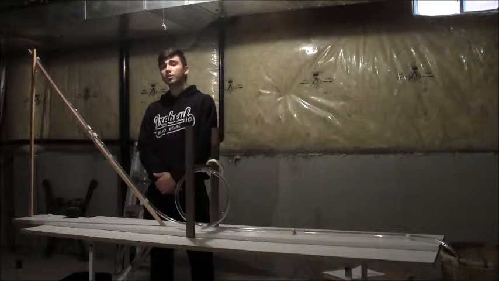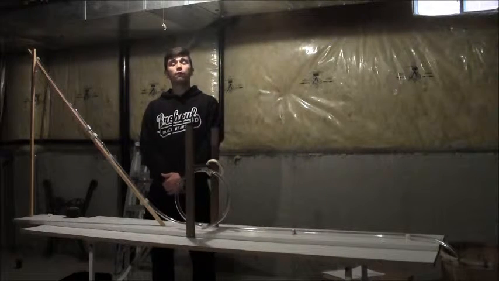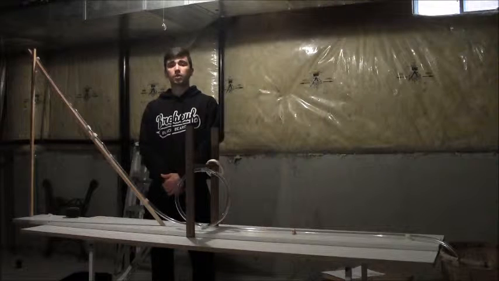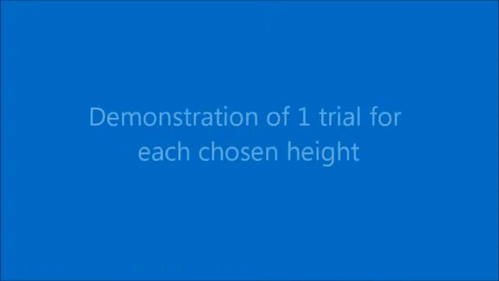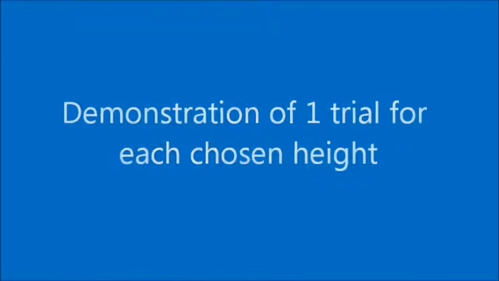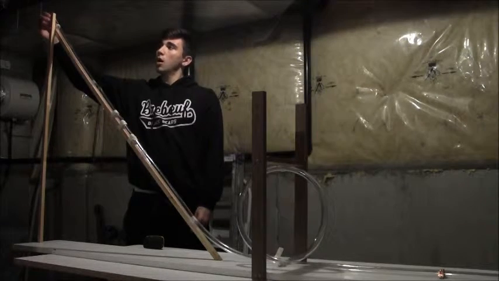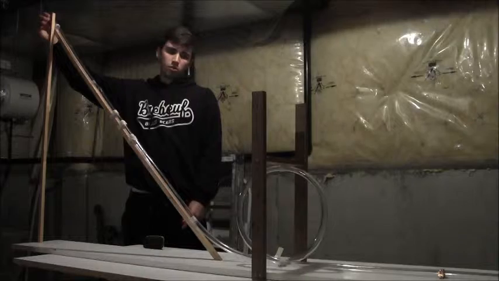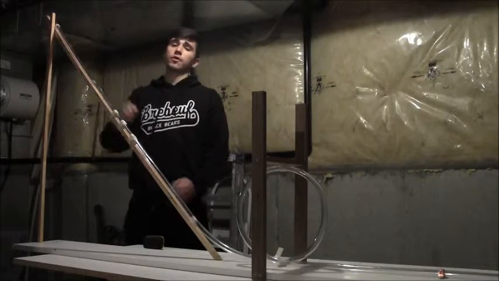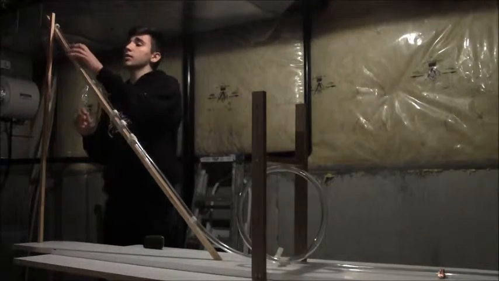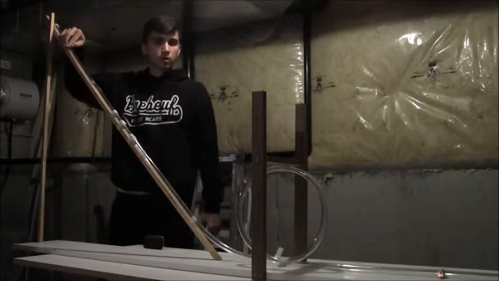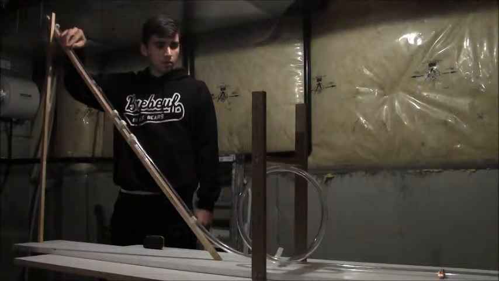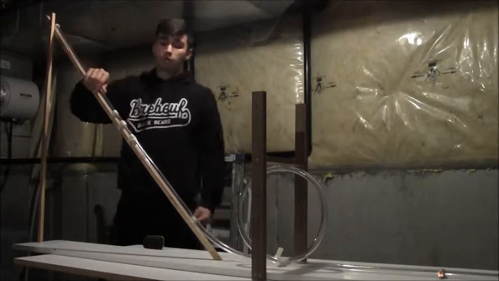As a quick demonstration, I will show you the 4 different heights at which we tested our marble. At 1 meter, the marble travels very quickly. At 80 centimeters, the marble also travels very quickly.